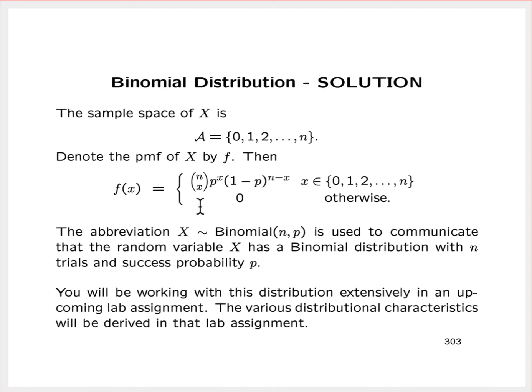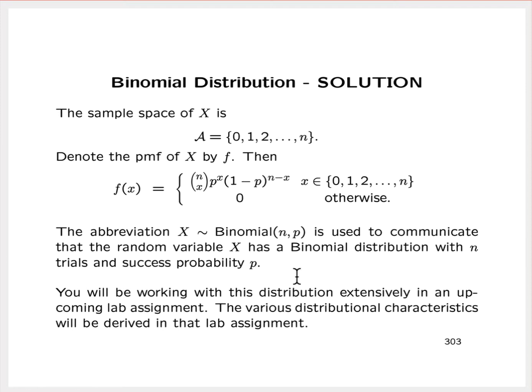So for values of x in the sample space, the integers from 0 up to little n, the expression for the PMF is equal to n choose x times p raised to the x power times 1 minus p raised to the n minus x power. And for any value of x that is not in the sample space, the PMF would be defined to be 0.